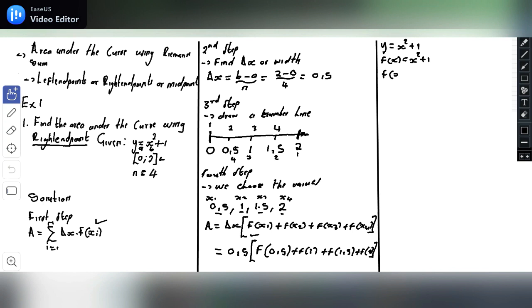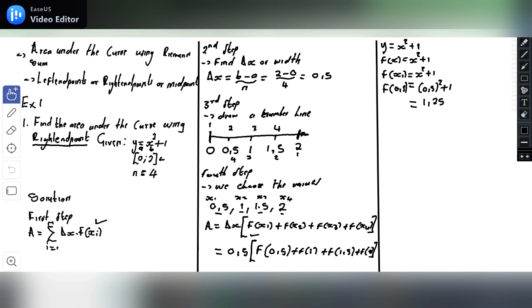So let's start with f of x1. Okay, let me write it down. f of x1, we know that x1 is equal to 0.5, therefore we're going to have 0.5 squared plus 1, right? Therefore, when we use the calculator, we're going to get 1.25.